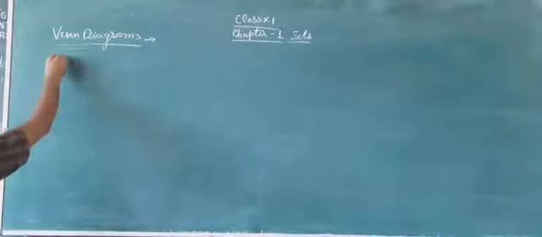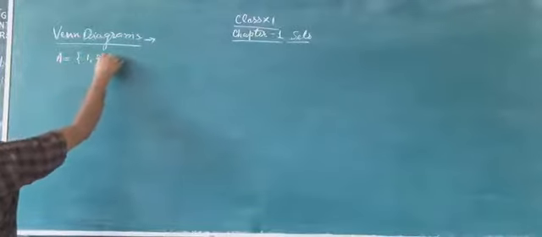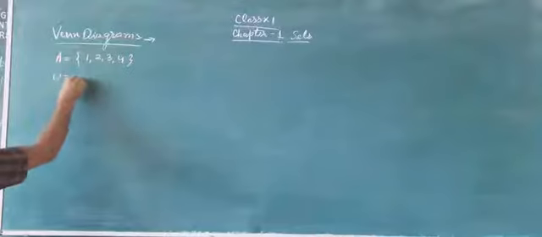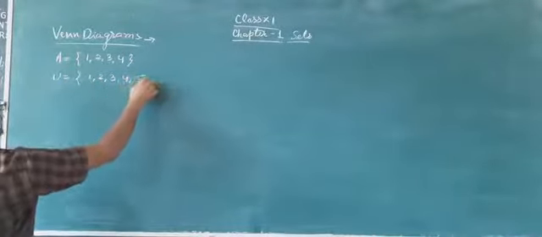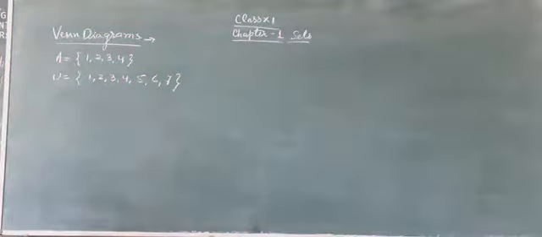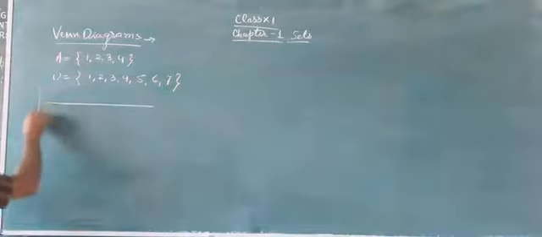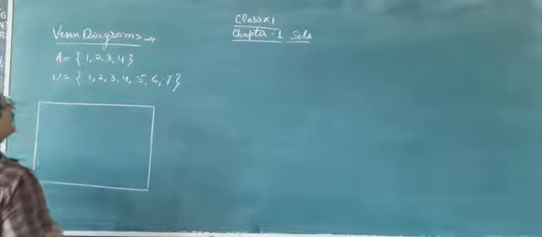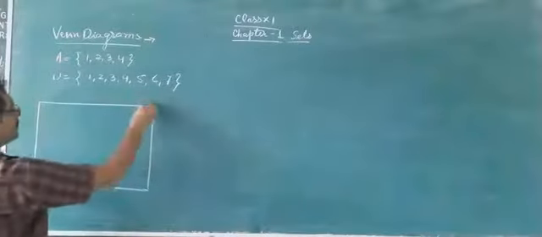Suppose that A is equal to the set {1, 2, 3, 4}, and U is the universal set {1, 2, 3, 4, 5, 6, 7}. We assume a universal set. So by this representation, we can show the set and the universal set.